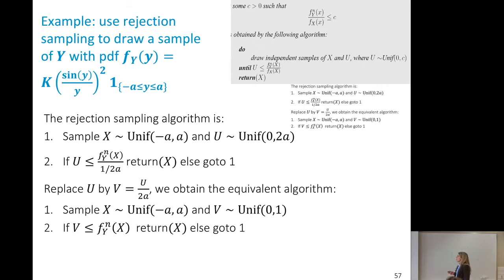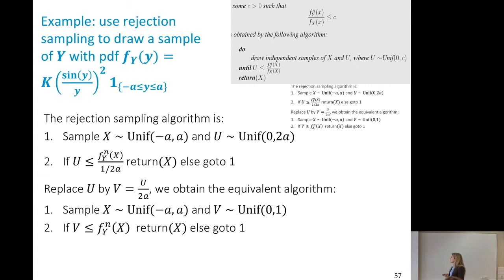Now, we can do a simplification in this algorithm, because we draw u uniformly between 0 and 2a. However, 1 over 2a is also here. So we can just replace, this 2a will go here, it will be u over 2a if we just change parts. And then we can replace u by v, which will be equal to u over 2a.